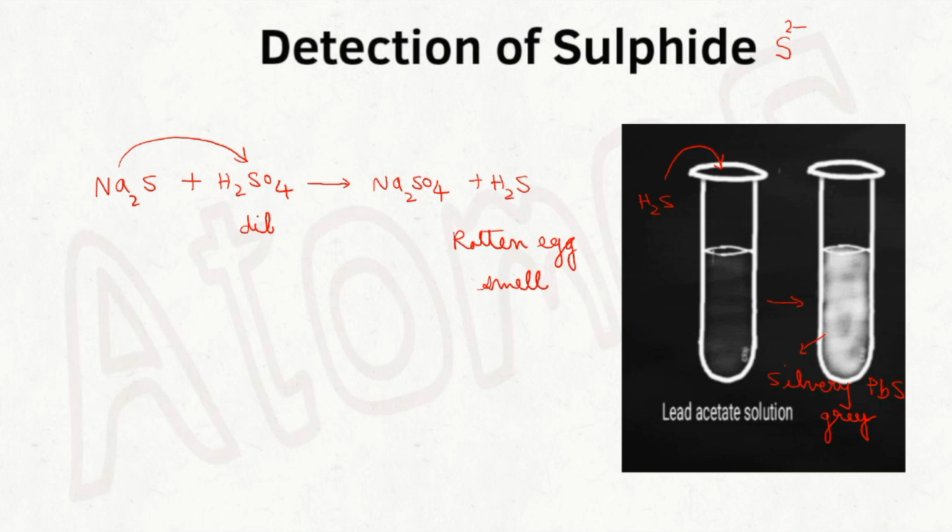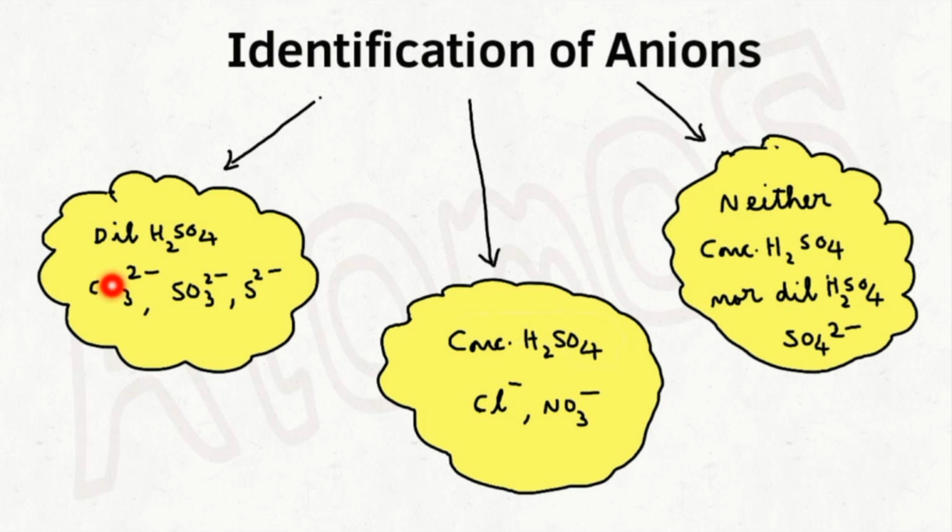So, while adding an acid to a particular salt, if the gas evolved is hydrogen sulphide, definitely the salt will be containing sulphide ion, S2 minus ion. So the presence of carbonate, sulphite and sulphide we detected using dilute H2SO4.